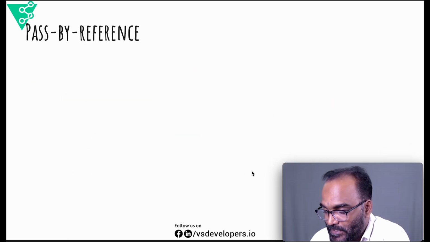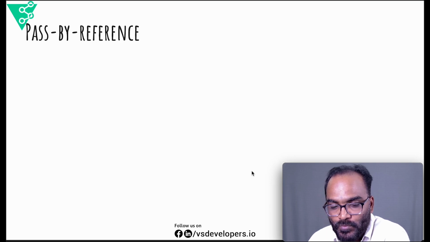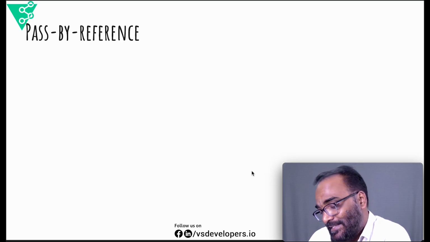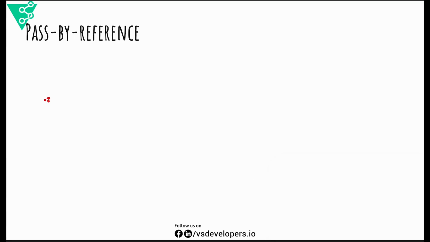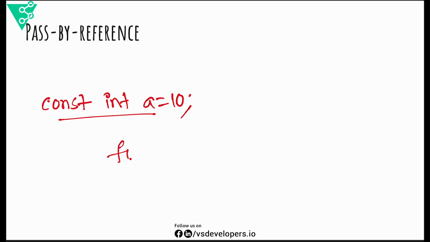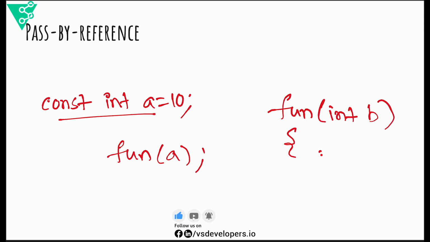So when you are passing by value, what is going to happen? Let's say you have a constant member, that is, const int a equals 10, and you pass this by value, that is, you call the function fun with a, and your definition, as you have seen in the previous example, is modifying it.